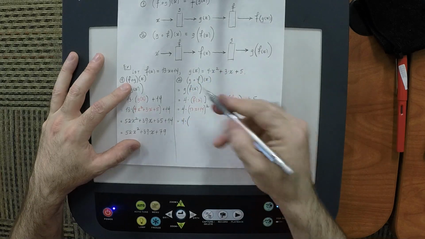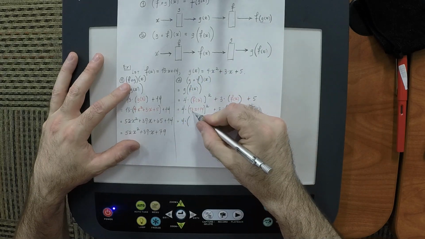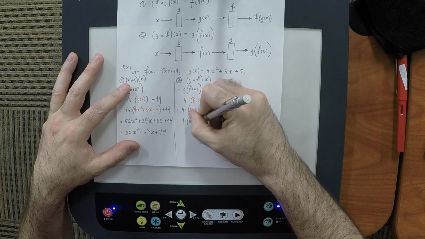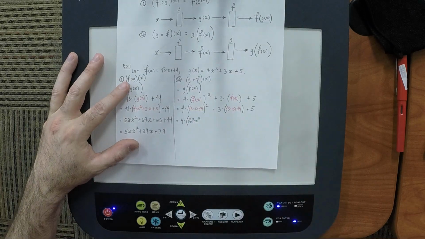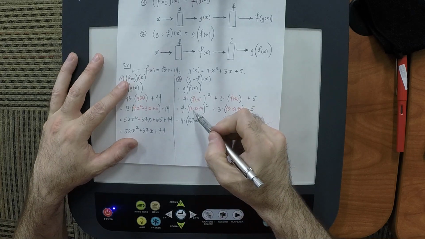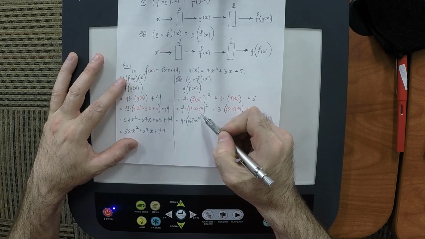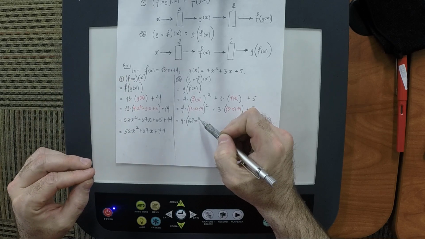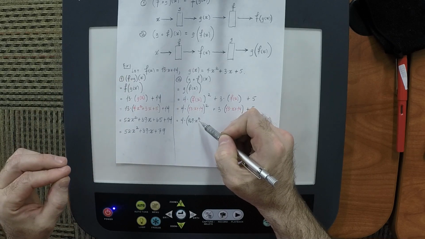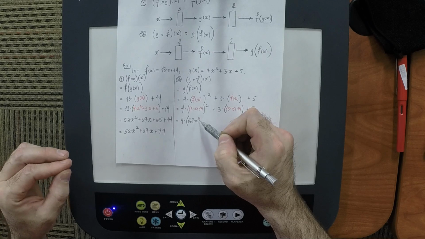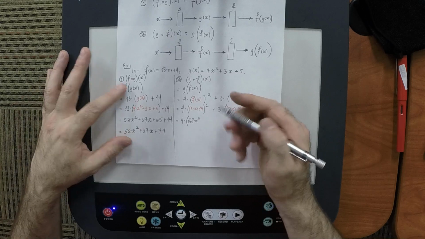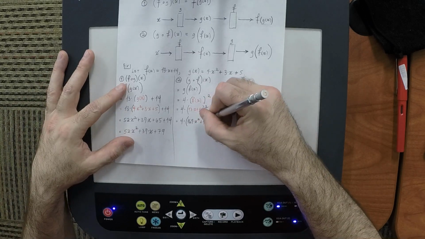So the F term would be 13x times 13x. That's 169x squared. The O term would be 13x multiplied by 14, which is 169 plus another 13, which would be 182. So that'd be plus 182 x's for the O term.